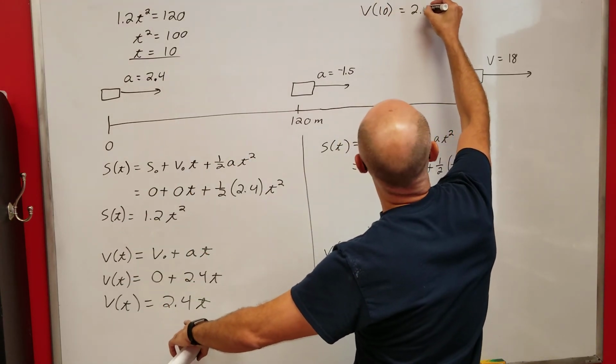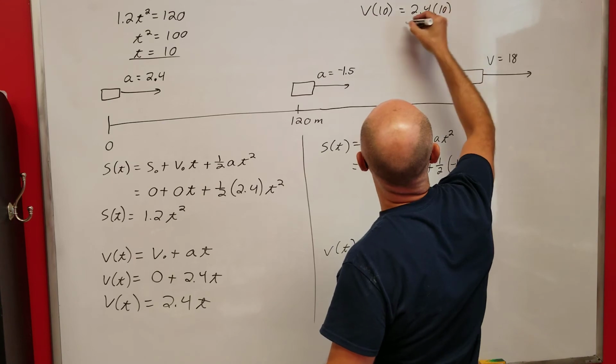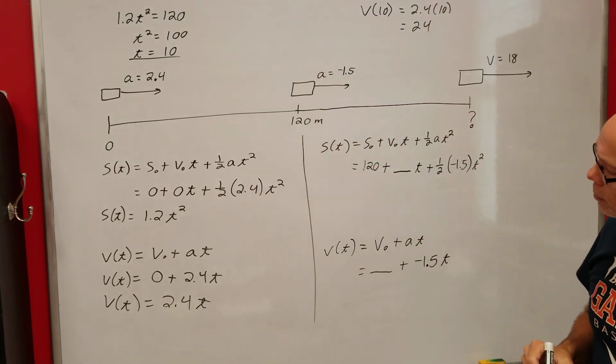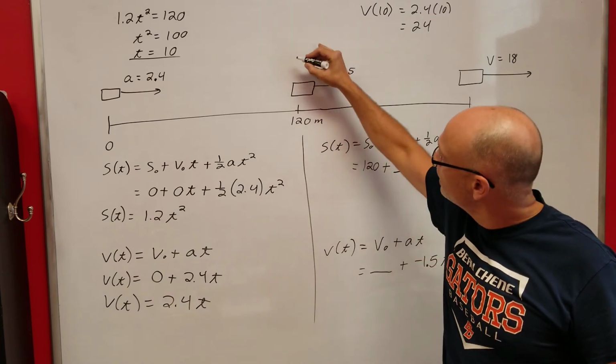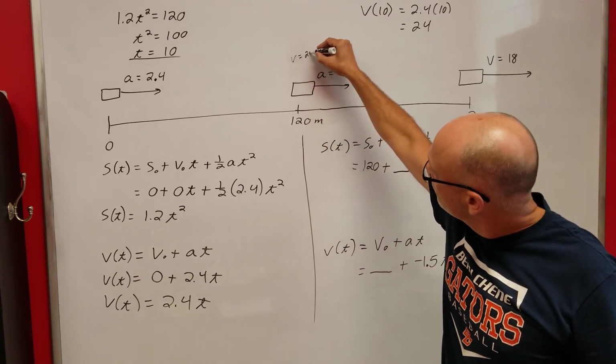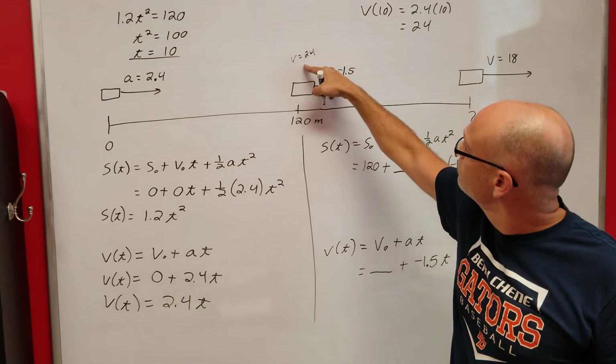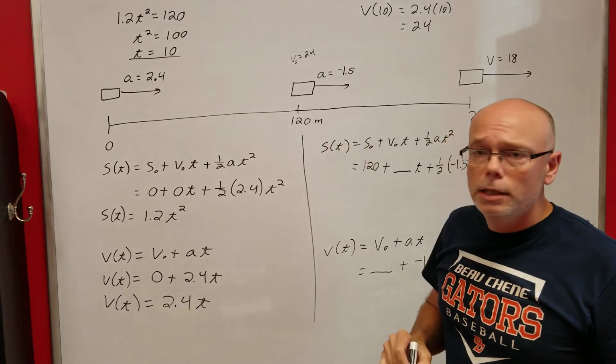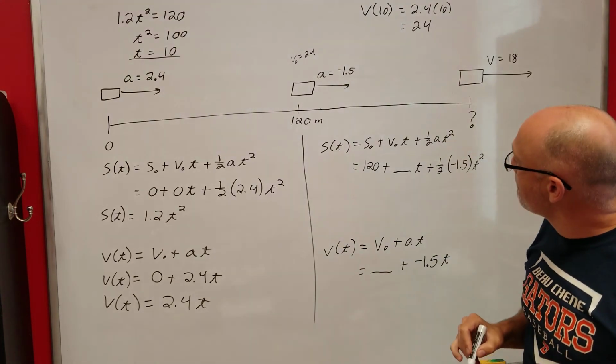What is that? 2.4 times 10, or what? 24, right? So the velocity here is 24, or I can look at that as my initial velocity is 24.